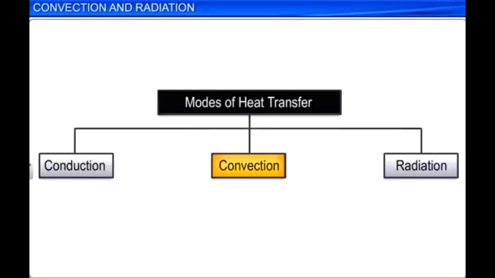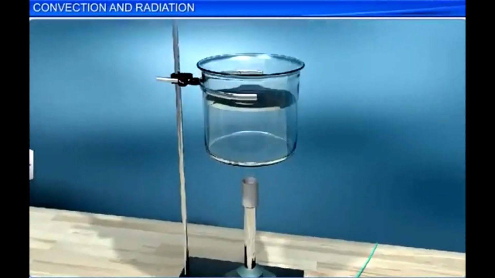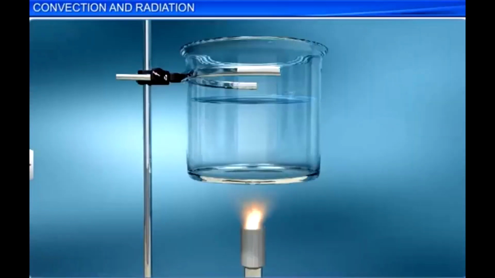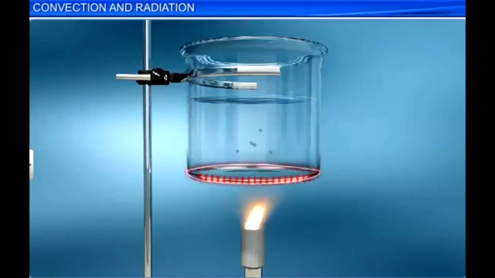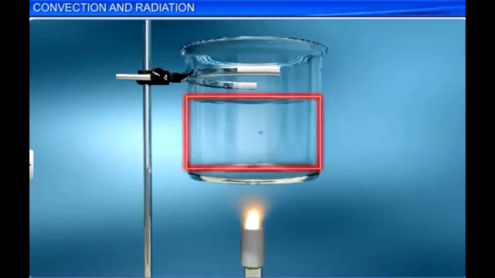To understand what is meant by convection, take some water in a container and heat it by placing it on a burner. The bottom of the container absorbs heat from the burner and then conducts it into the water. Since the entire water body is not in contact with the bottom of the container, all the layers of water cannot absorb heat by conduction.